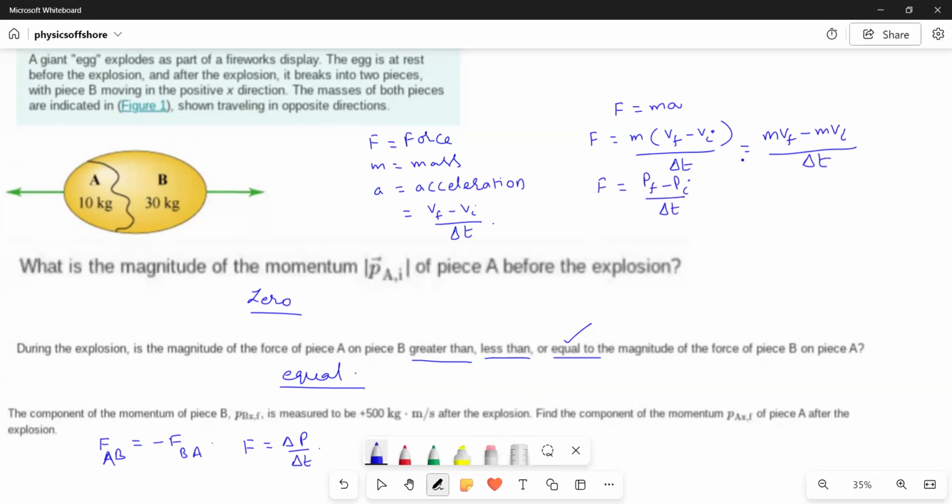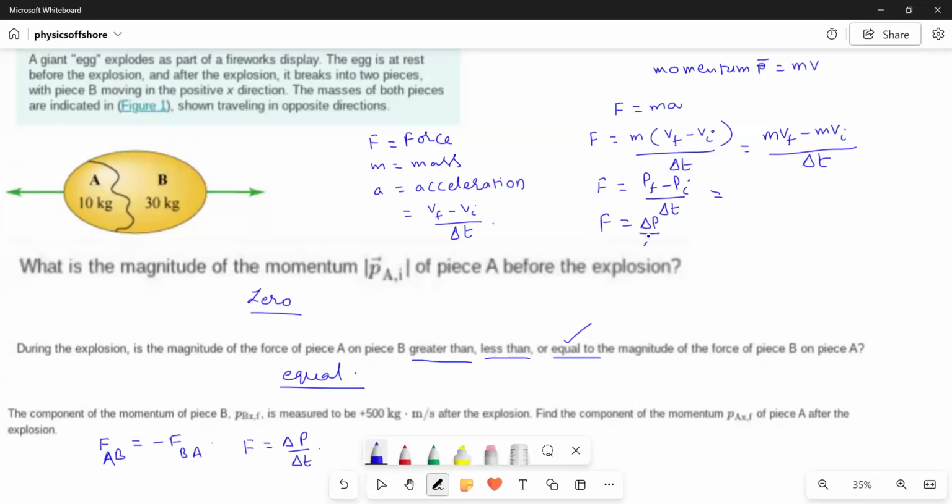And then momentum P is equal to mv, mass times velocity. V is the velocity. Am I right? Here, mVf is the final momentum and mVi is the initial momentum. Therefore, mVf minus mVi is the change in momentum, and change in momentum is represented as delta P. I will write like this.